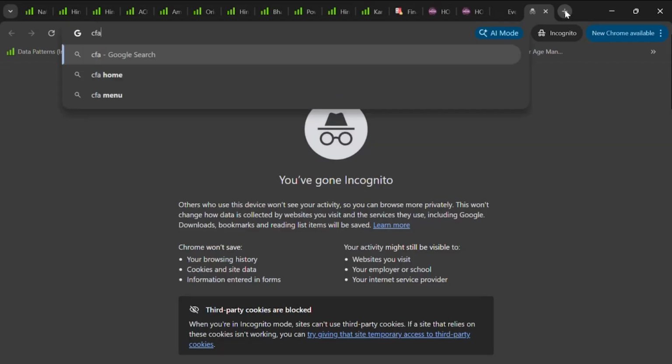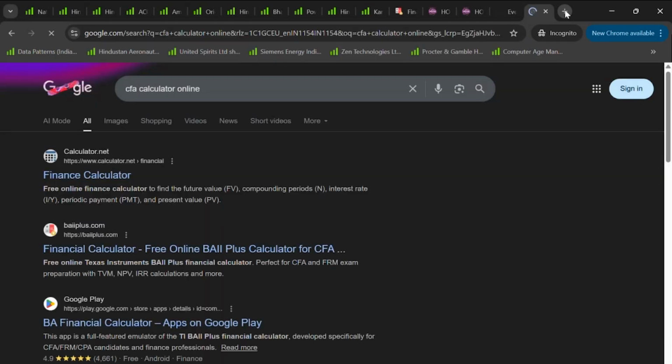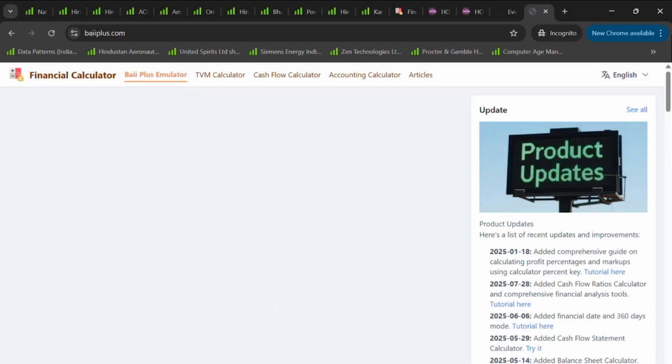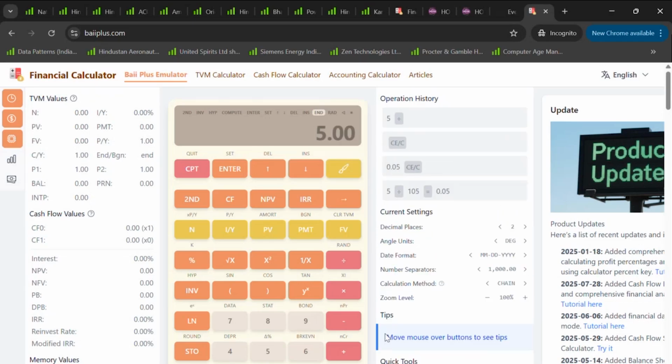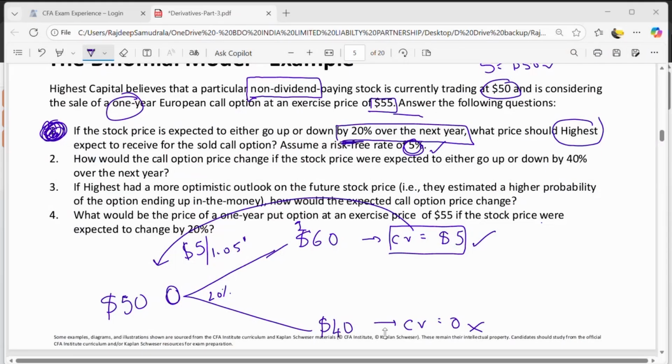What's the answer for this? $5 divided by 1.05. Answer? So 4.76. I got 4.96. So 5 divided by 1.05 raised to 1. Sorry, 5 divided by 1.05. 4.76, correct. And that's your answer today.